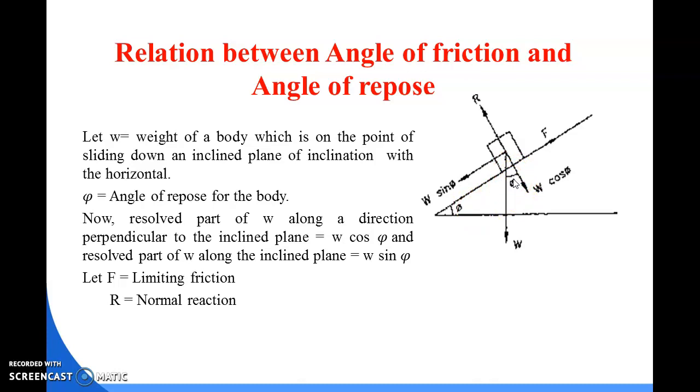Now resolve the part of W along the direction perpendicular to the inclined plane, which is W cos phi, and while resolving W horizontally, we have W sin phi. Now assume that F is the limiting friction, which is in this direction, and R is the normal reaction, which is here.